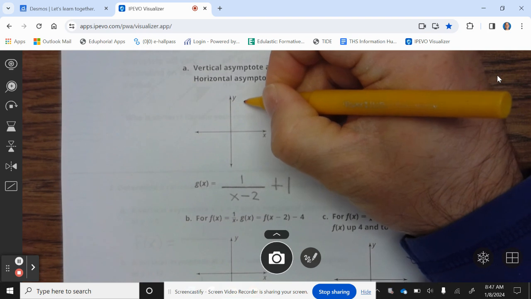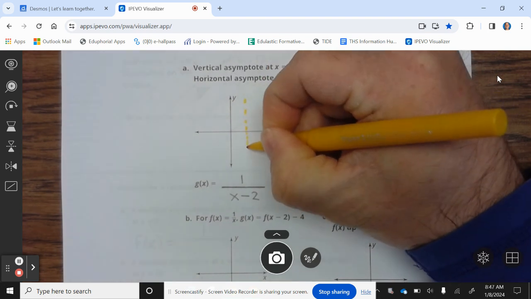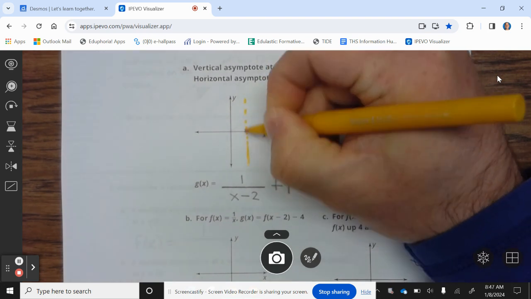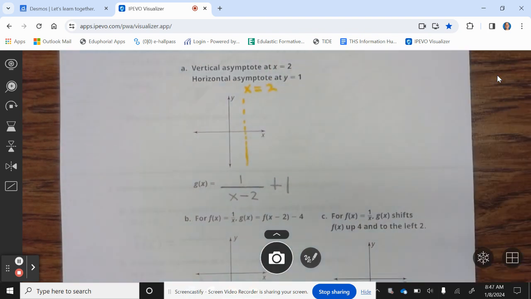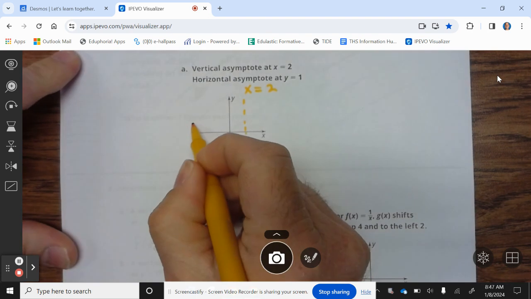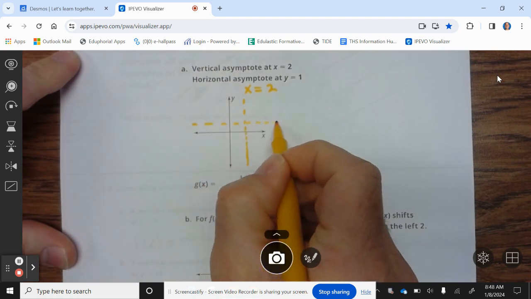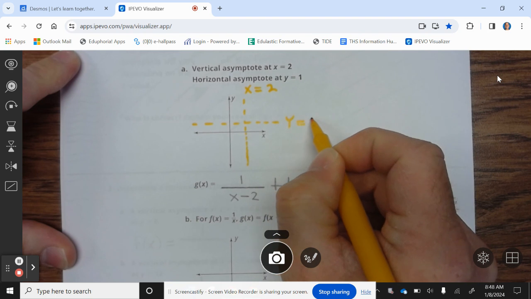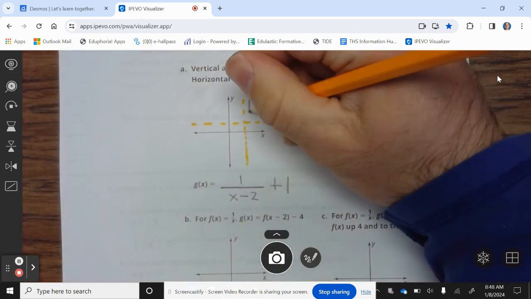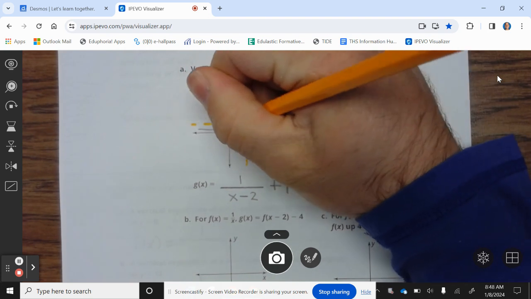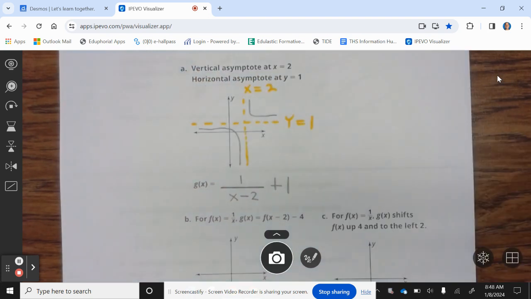So our vertical asymptote is at x equals 2 and y equals 1. So then our graph is here and here.